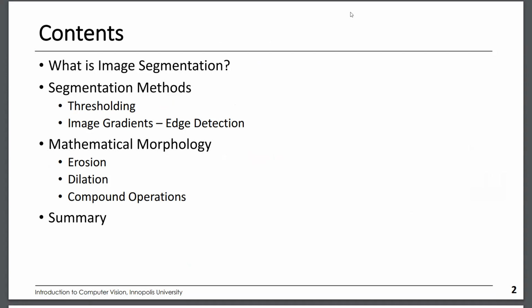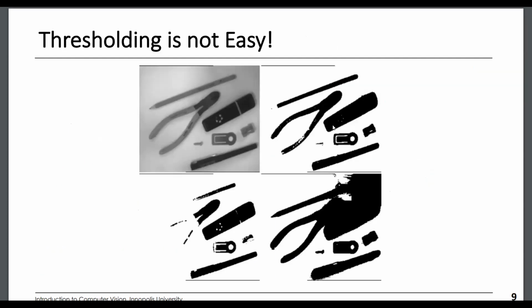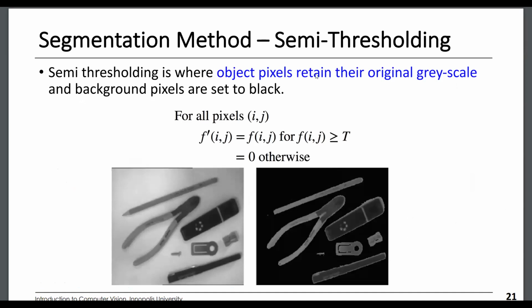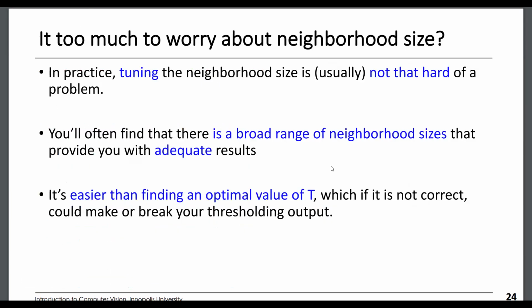Using a bimodal histogram, we can find the best value using the Otsu method. After that, we saw band thresholding, which just uses 2 values, and then semi-thresholding, which is a simpler version of thresholding. Then we saw adaptive thresholding, which uses a different threshold for every segment in the image.